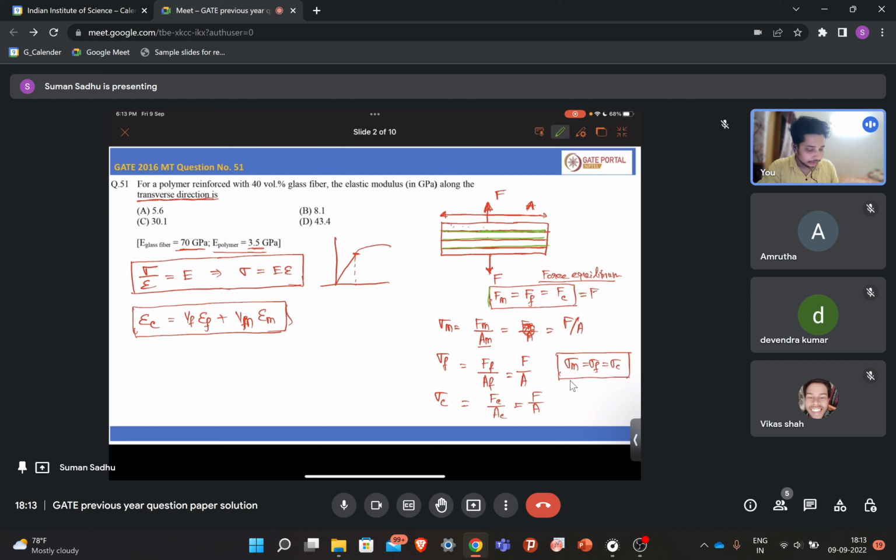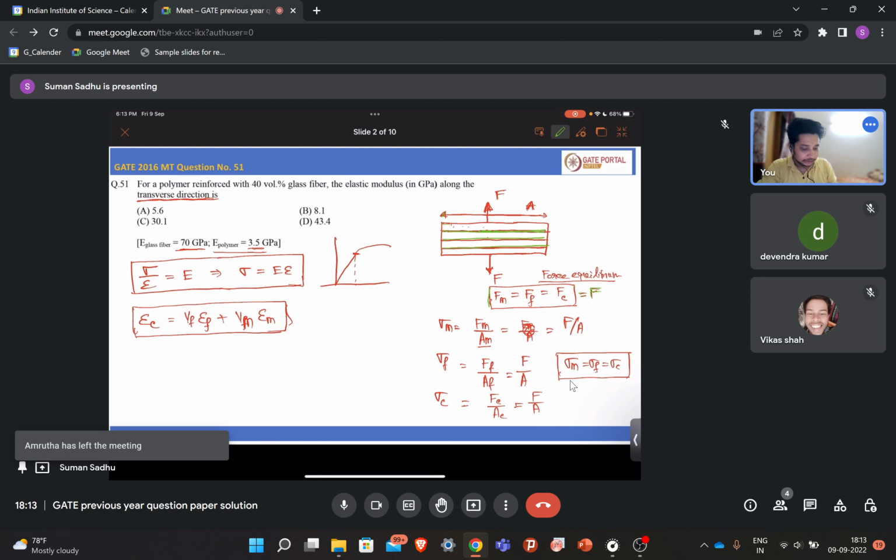So let's say we write it as F. Now similarly the area is also the same for both the matrix and the fiber, meaning glass fiber. So that is why sigma, meaning force by area, is also the same for fiber, matrix and the composite. Now when you are deforming like this, at the same time the matrix will also get deformed, and at the same time the fiber will also deform, right?